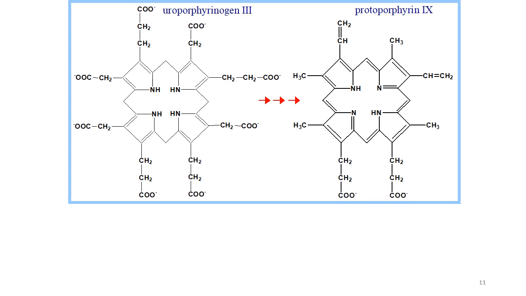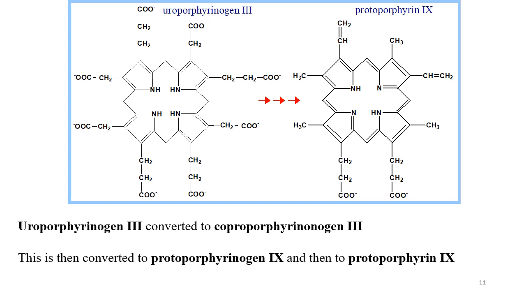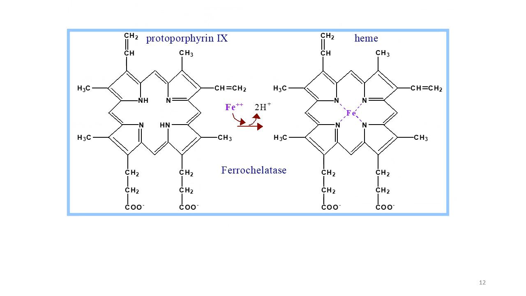Finally, this protoporphyrinogen 9 uses the oxidase enzyme to form protoporphyrin 9, and then protoporphyrin 9 gets inserted with the ferrous ion by the ferrochelatase enzyme, and then we actually get heme, which is going to combine with the protein globin to form hemoglobin to carry oxygenated and deoxygenated blood back and forth from the heart to the different parts of the body.